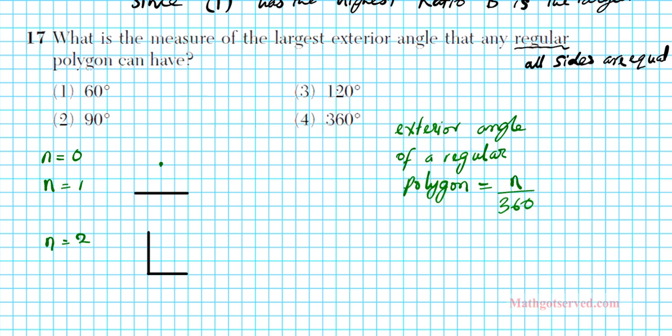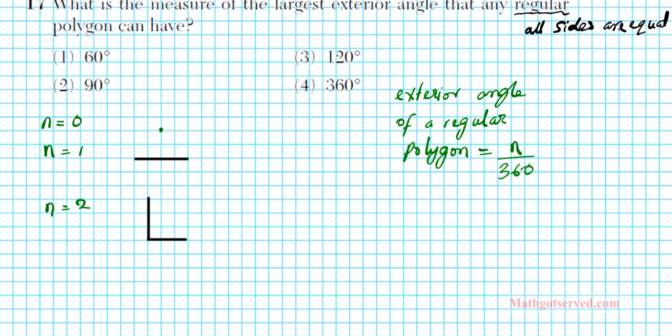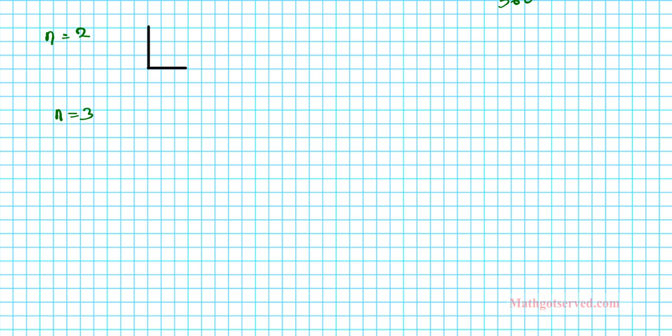If you just have two sides, this is not a polygon, okay? So we cannot even calculate exterior angles. But we have n equals 3, now you're talking. Okay, n equals 3, you have an enclosed area, enclosed region, and that is in fact a polygon.